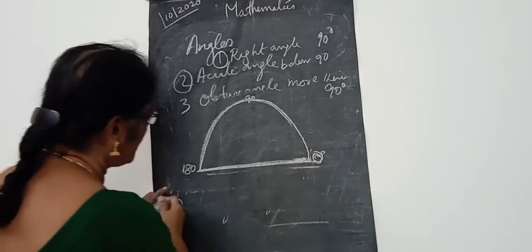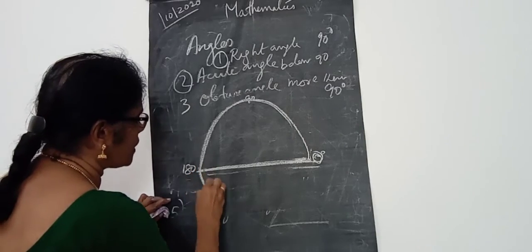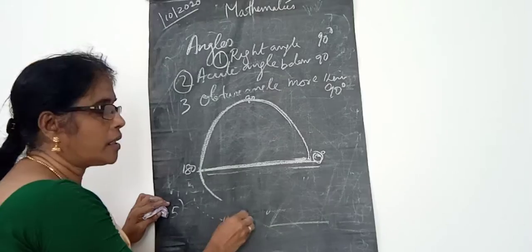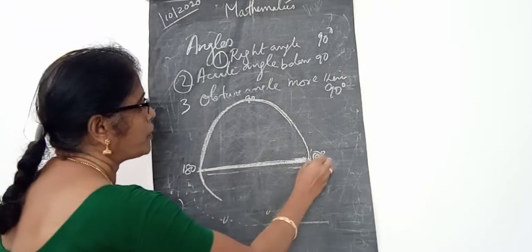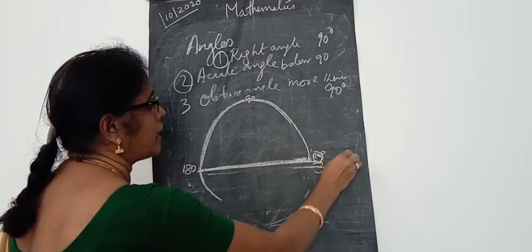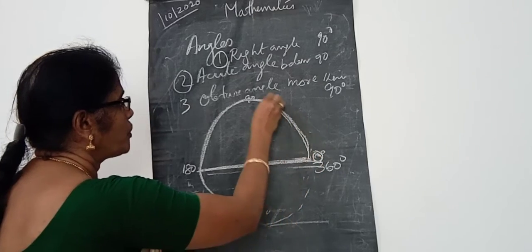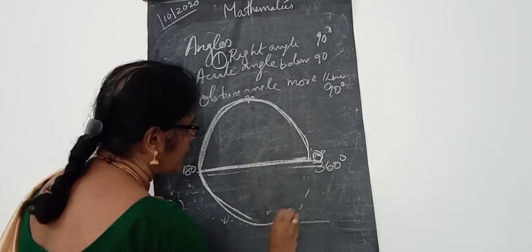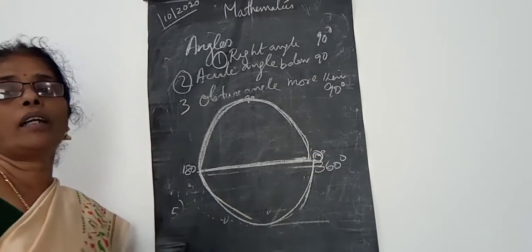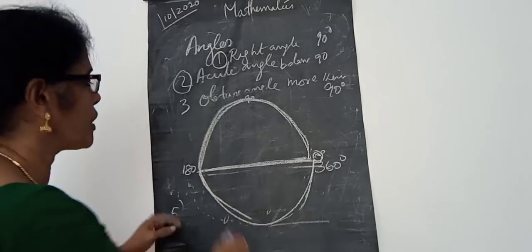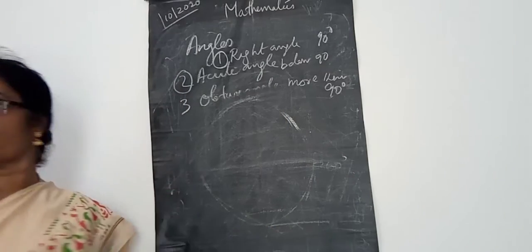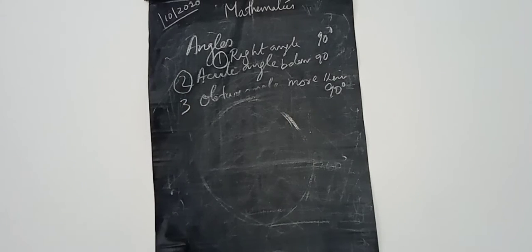And more than 180 degrees means here 190, 200, 220, 230, 240, and so on up to 360. 360 degrees means from 0 to 180, and 180 to 360, that is one revolution, a complete revolution, a complete angle, the 360 degree angle.